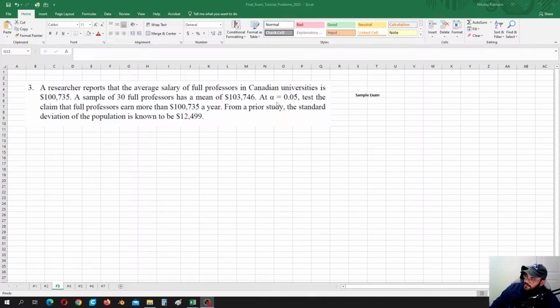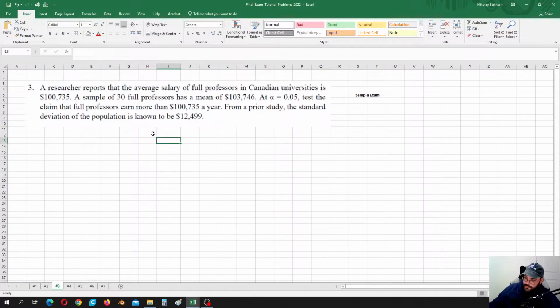At significance 0.05, test the claim that full professors earn more than $100,735 a year. And from a prior study, the standard deviation of the population is known to be 12,499.